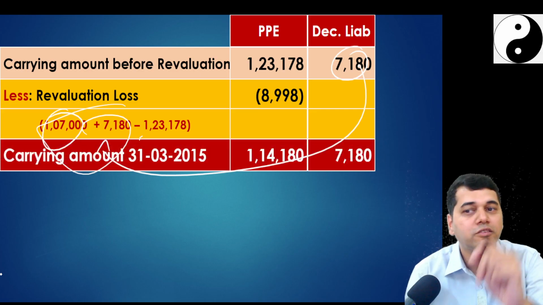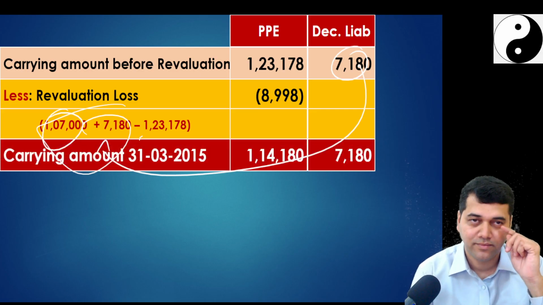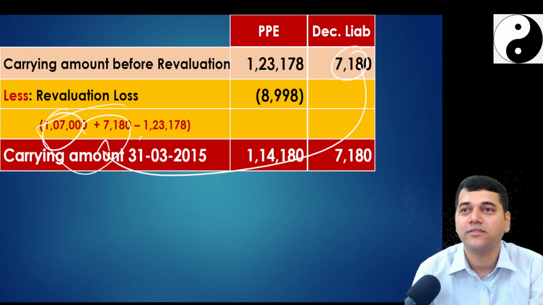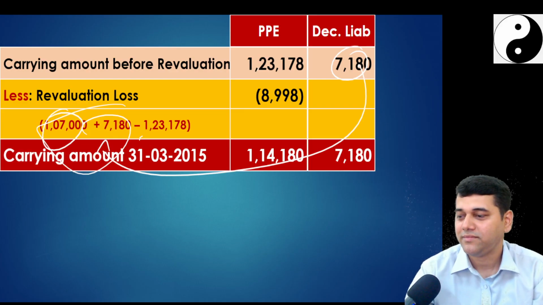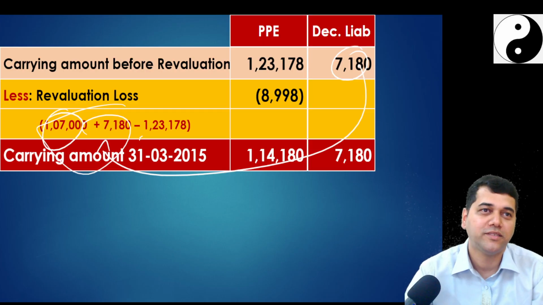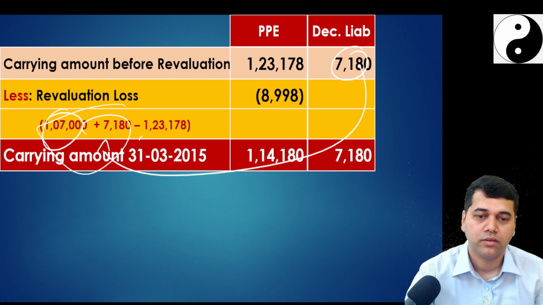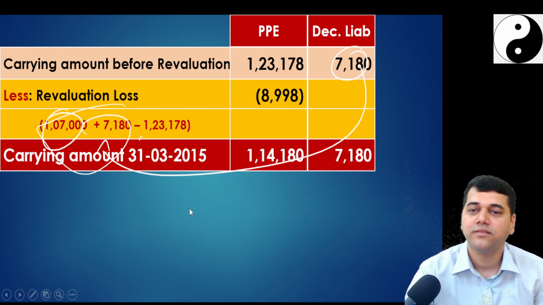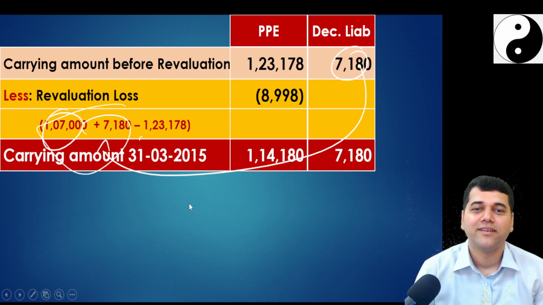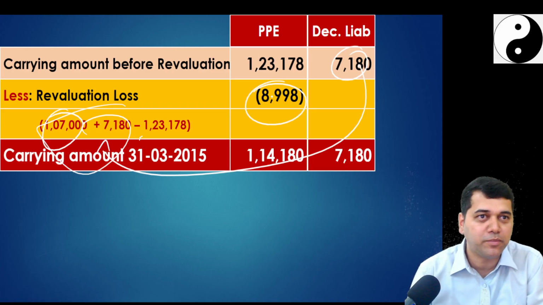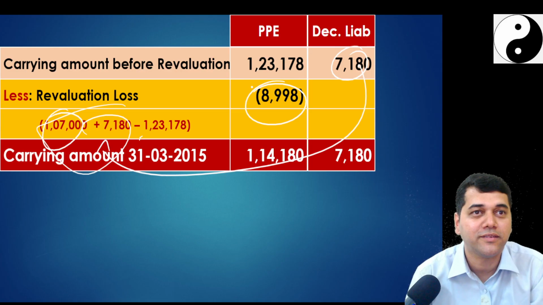Now what do you do with this loss? What accounting entry will pass for this loss? How much? Is there sufficient revaluation surplus available? So what entry will pass?